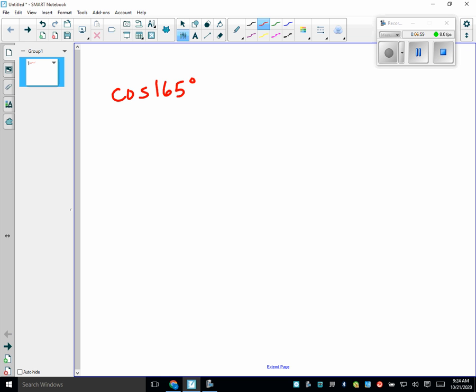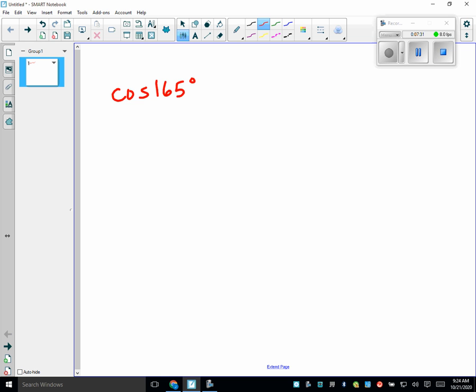What about in quadrant 3? 210 degrees. What about in quadrant 4? Do you all agree? Could I also find the exact value of a 60-degree angle? Right? Yeah. Okay.